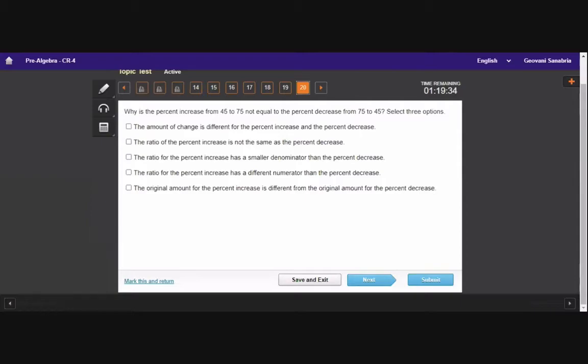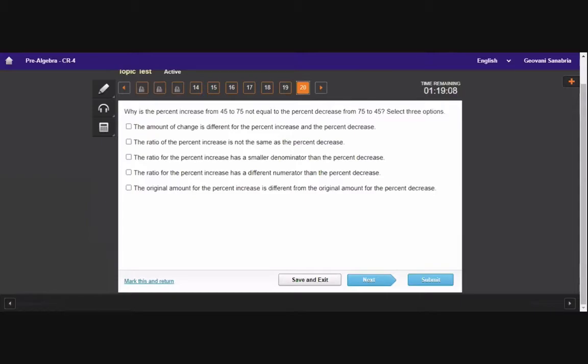I think the second one is right. The ratio of the percent increase is not the same as the percent decrease. I think that one might be right. The ratio of percent increase has a smaller denominator than the percent decrease.